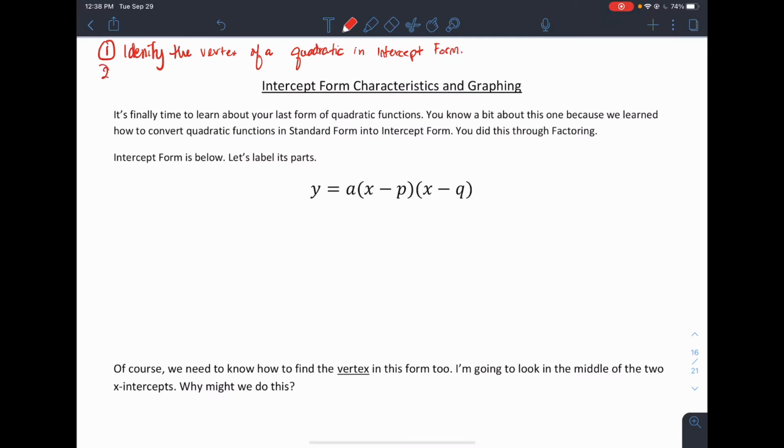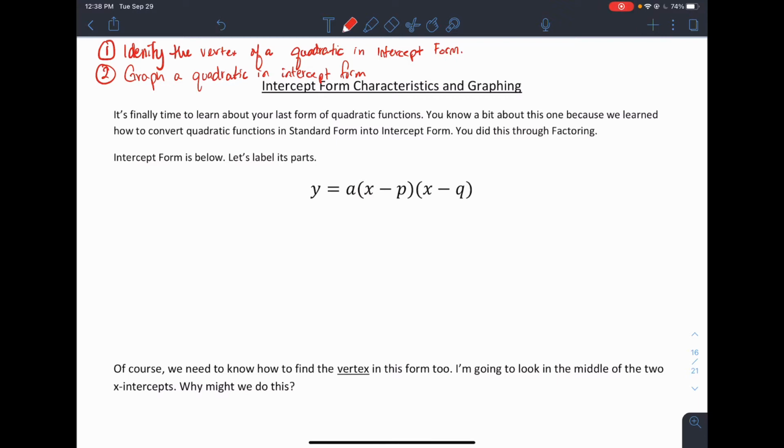And two, we want to be able to graph a quadratic in intercept form. Those are the two things we want to be able to do.